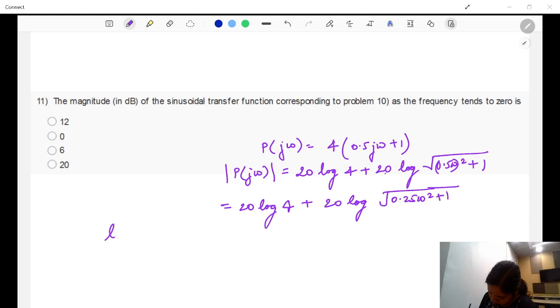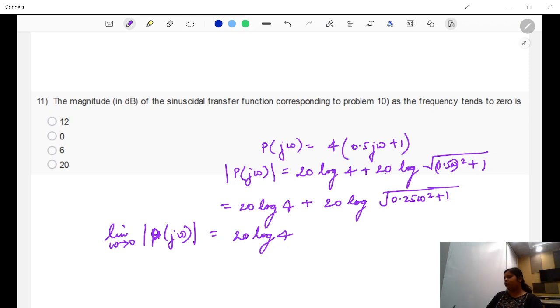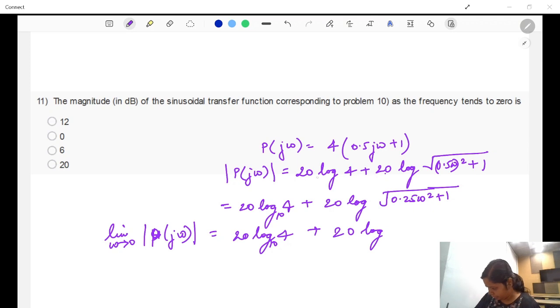Now limit omega tends to 0, the magnitude of G of j omega is 20 log 4. Put the value of 0 over there, it would be 1. If I'm missing to write 10 as the base, please assume that there is a base.